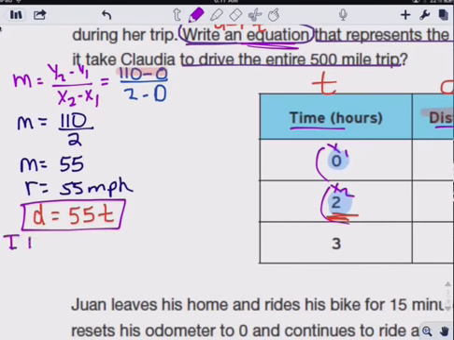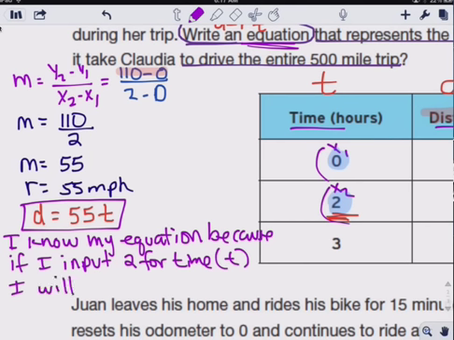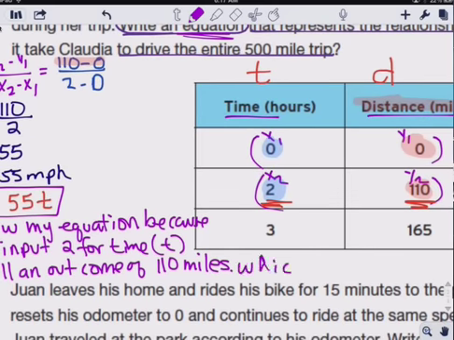I know my equation is correct because if I input 2 for time, I will get an outcome of 110 miles, which is shown in the table.